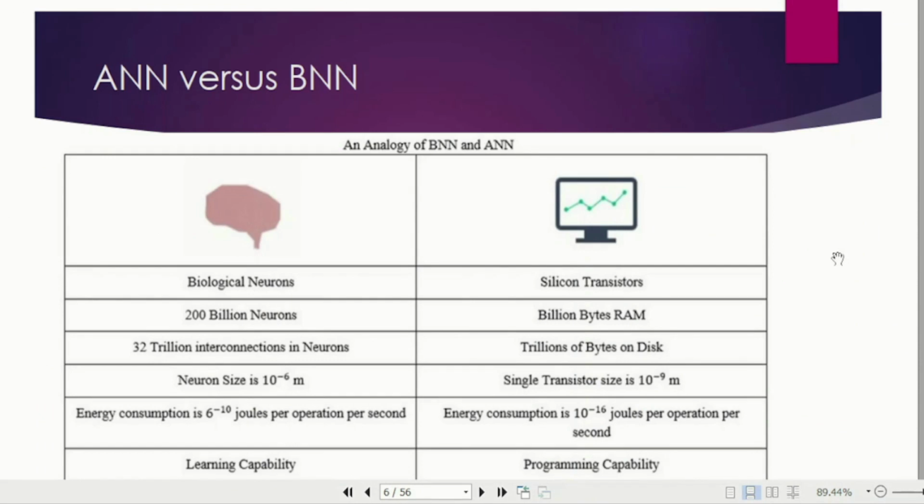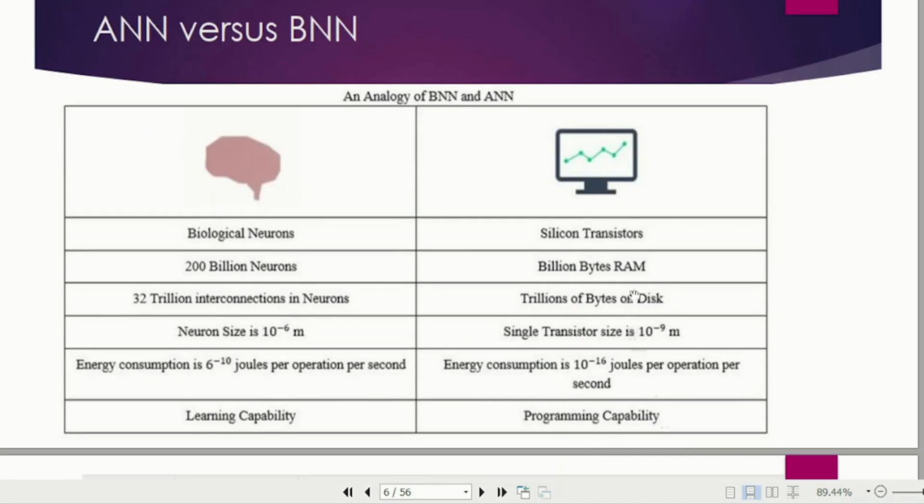Some other analogies of biological neural networks and artificial neural networks. In the ANN, silicon transistors are there, and they are said to be biological neurons basically in BNN. So billion bytes of RAM are used in the ANN and 200 million neurons are used in the human body and biological networks. So these are the differences. Programming capability is in our artificial neural network.